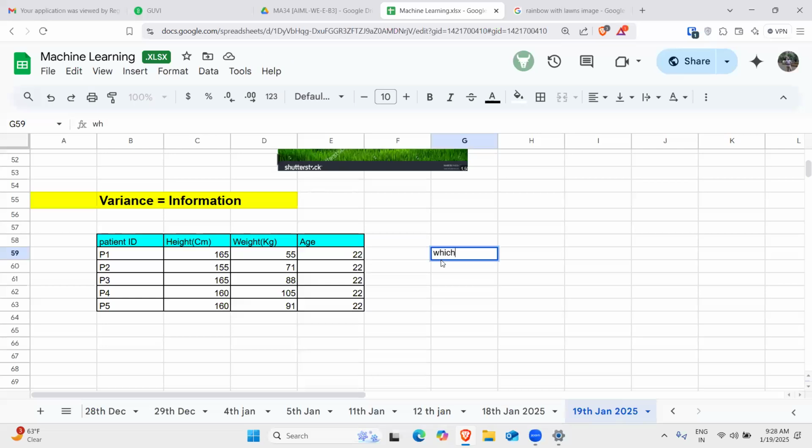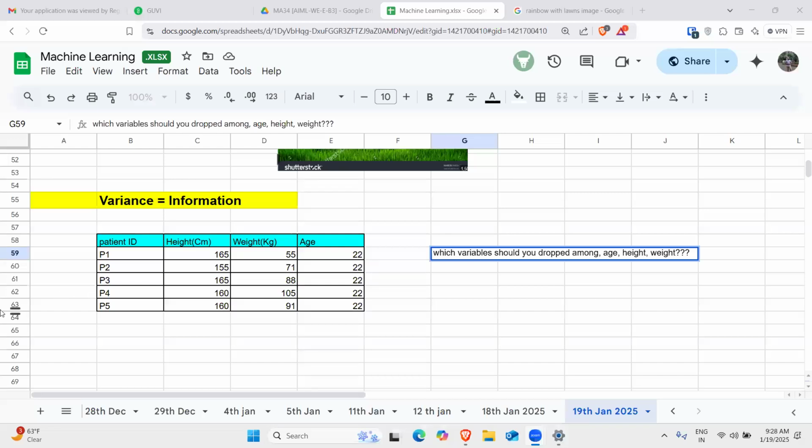Why? Why can age be dropped? Yes, guys, why should you drop age? As it has less variance. Very good. The column which has less variance is least important for us anyway, right? So that has to be true.